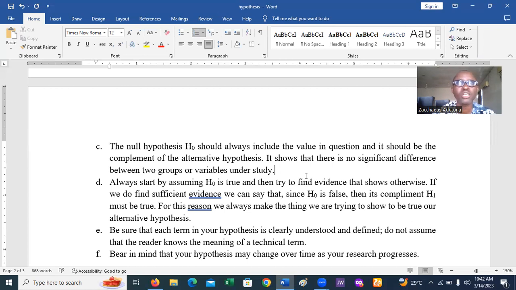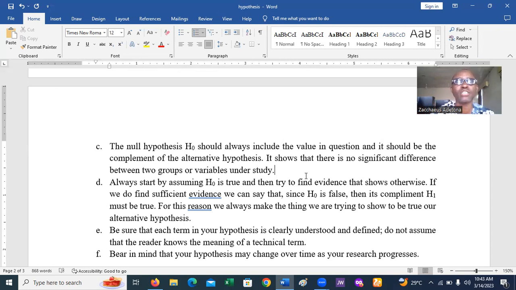Now, as you are formulating your hypothesis, you will start by assuming that H0 is true. And then you want to try and find evidence statistically in your research analysis that H0 is not true, to actually show that your own position, which is H1, is true. So your statistics is geared toward confirming that H0 is not true, but H1 is true.